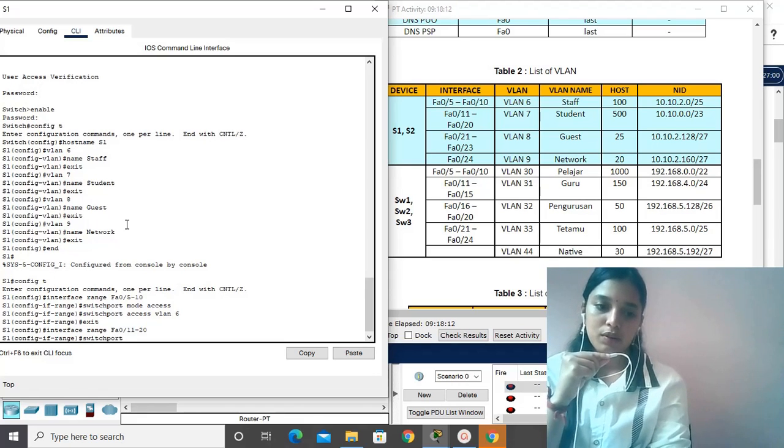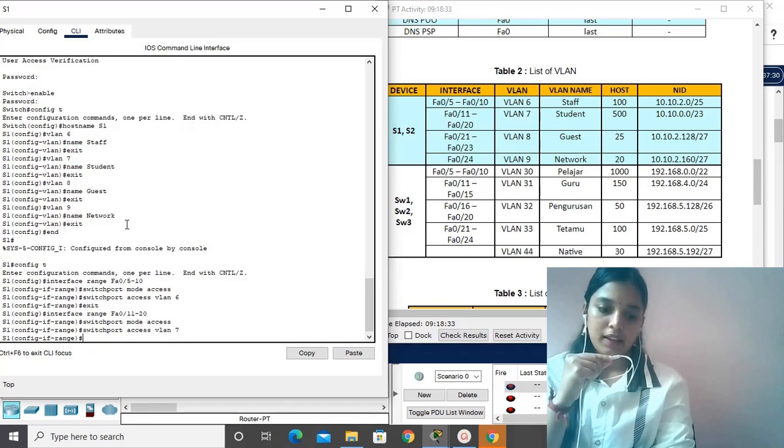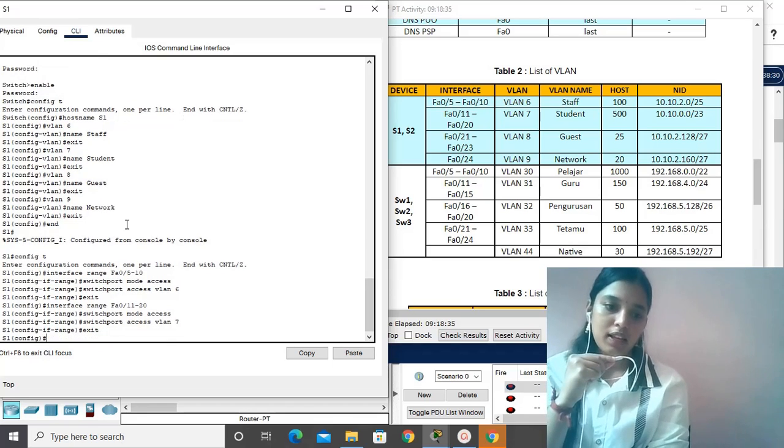Switch port mode access. Switch port access VLAN 7. Exit.